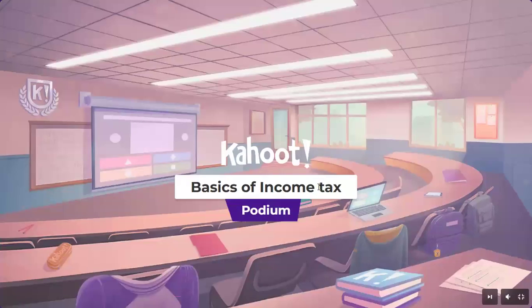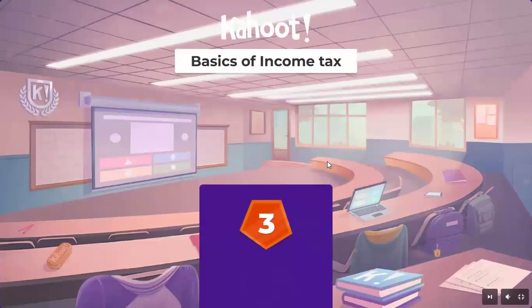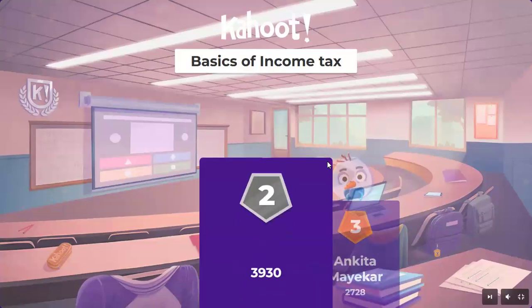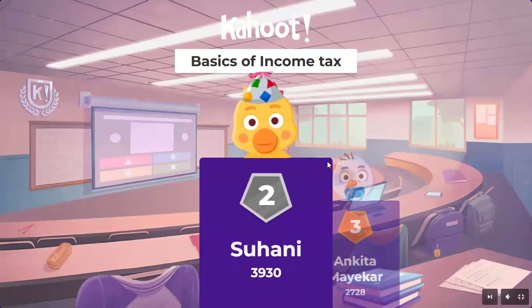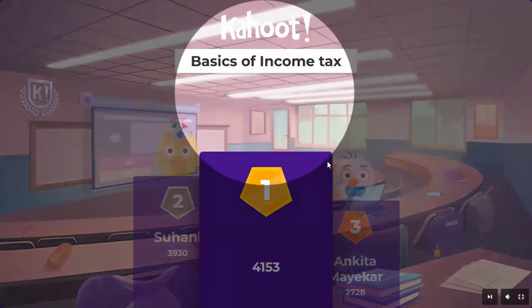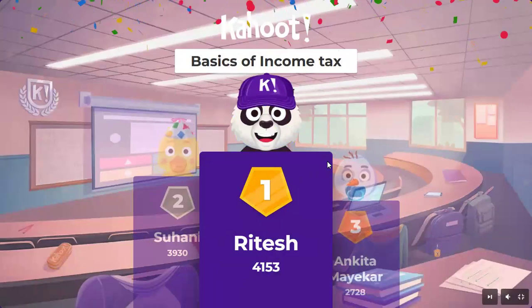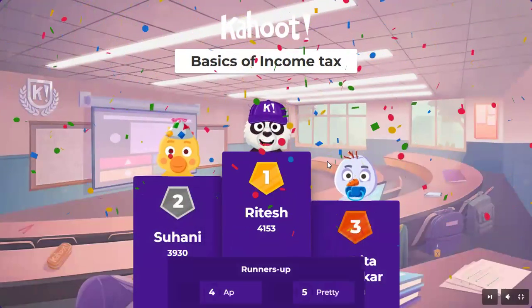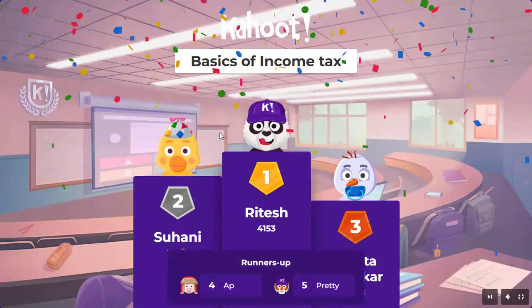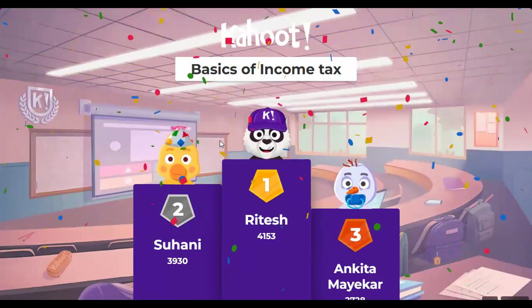Now see the final results. So third is Ankita, second is Suhani, and first is Ritesh. So I have five people who have participated in the Kahoot game activity.